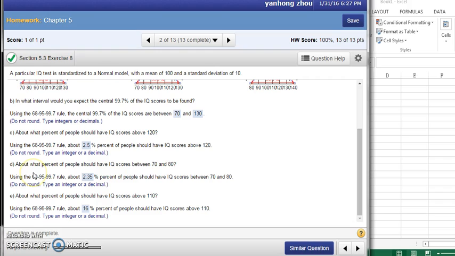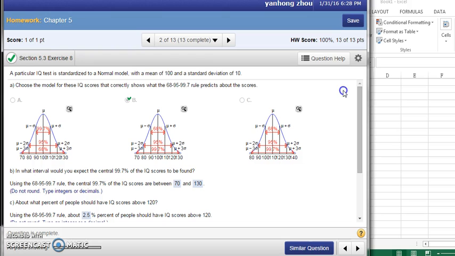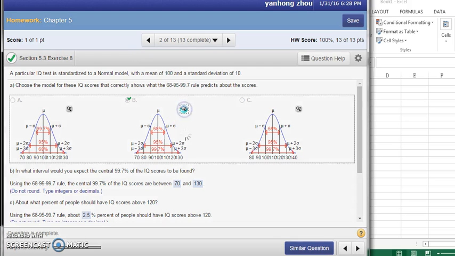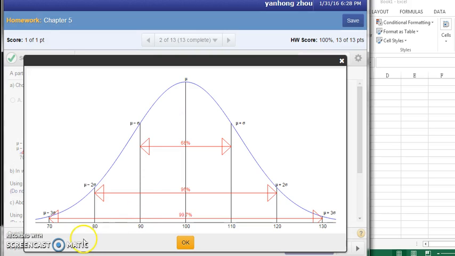Part D. What percent of people show IQ scores between 70 and 80? Okay, let's look at where the 70 and 80 are. Okay, here's the 70 and 80. So we need to find what percent is this area here. You know that within 3 standard deviations, we have 99.7.